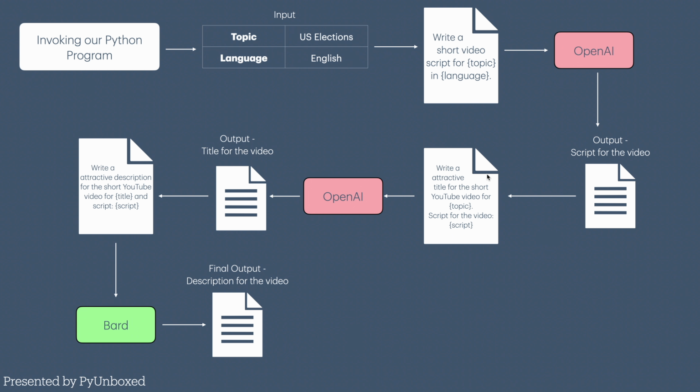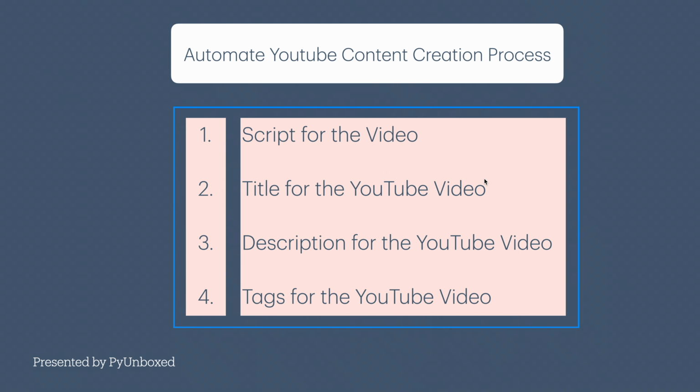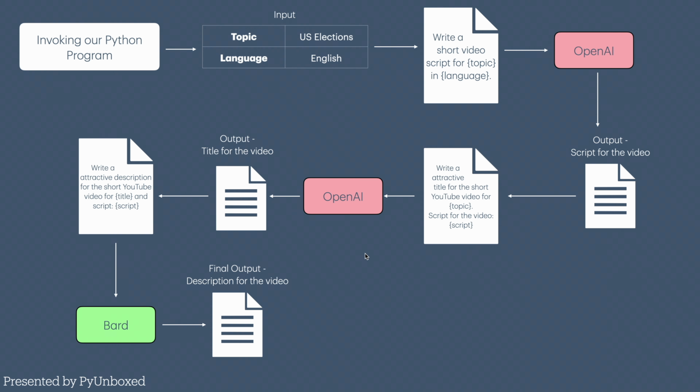In the next 2 or 3 videos, we'll be building a mini project, which is to automate the YouTube creation process. As part of that process, we'll be asking LangChain to generate a script for the video, and a title and description for the video. It's quite a complex diagram.